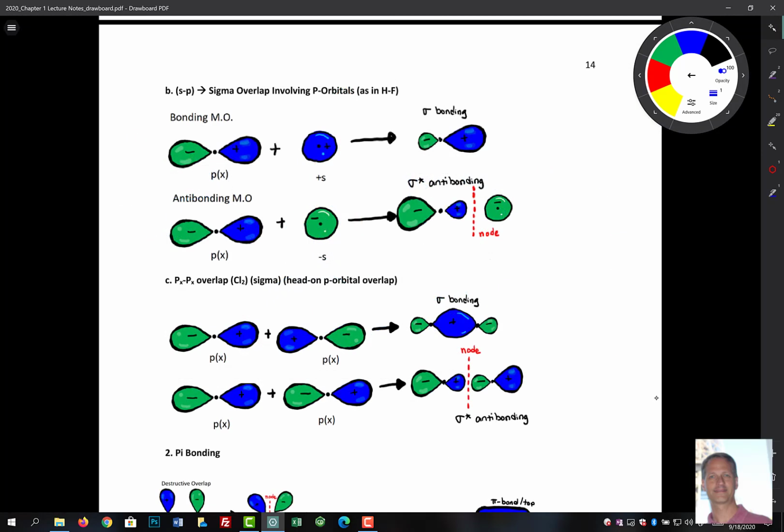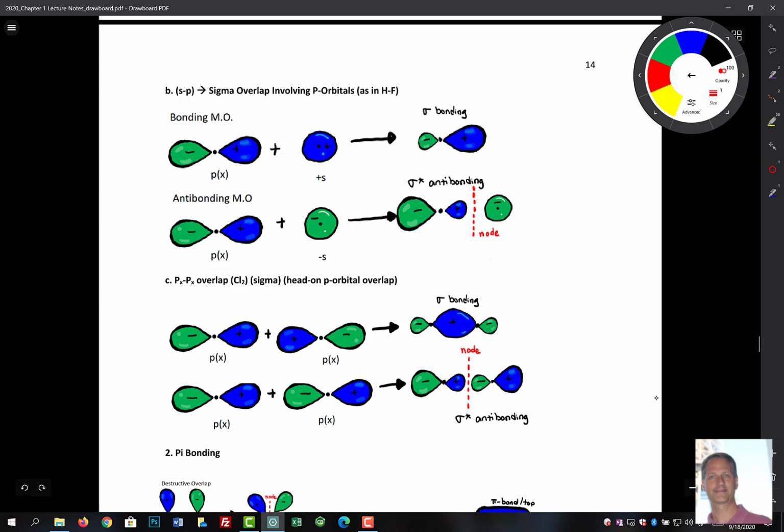Now, to make things even more complex, we have other types of sigma bonds that can form. So we have the overlap between s and p's. So we saw the overlap between two s orbitals, but we can have an s and a p overlap. Now, there's a couple different choices for that. So you can have your bonding molecular orbital and your anti-bonding molecular orbital.